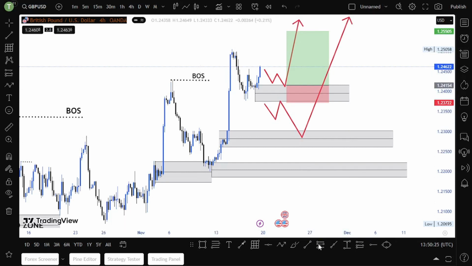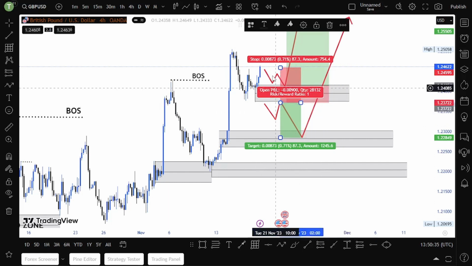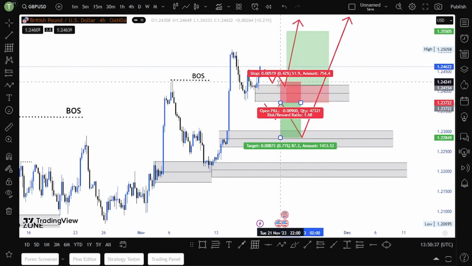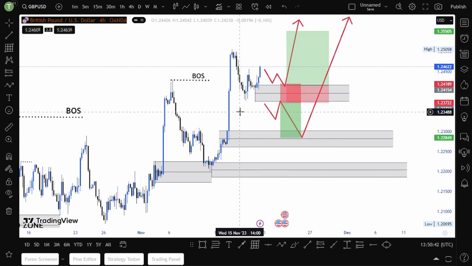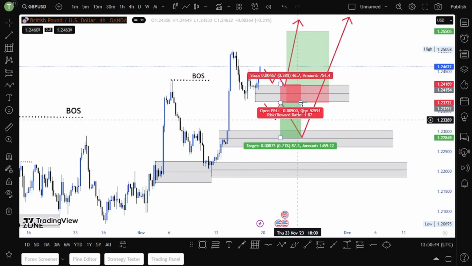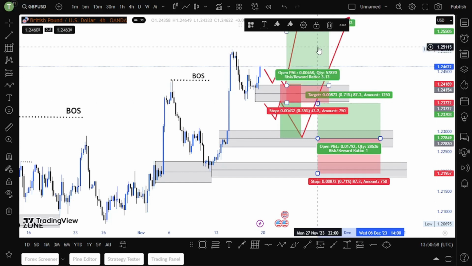Now what do we do? We would be waiting for a break of structure to the downside. Once we get a break of structure to the downside, we wait for a pullback, and then we sell towards this demand zone, just like on EURUSD, and then we would be buying here.